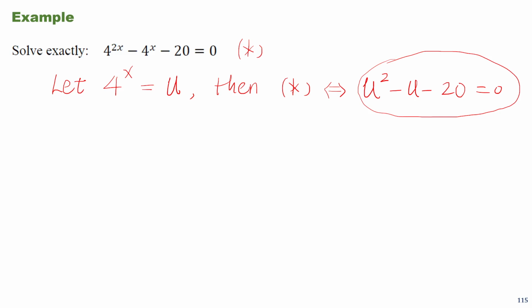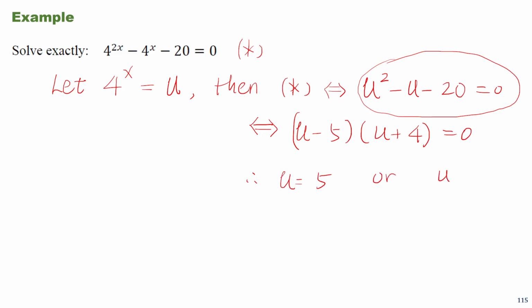This is a quadratic equation which we can easily solve. As long as you can solve u, you can solve 4 to the power of x, right? So this can be factorized to u minus 5 times u plus 4 equals 0, and therefore we have two solutions, either u equals 5 or u is negative 4.